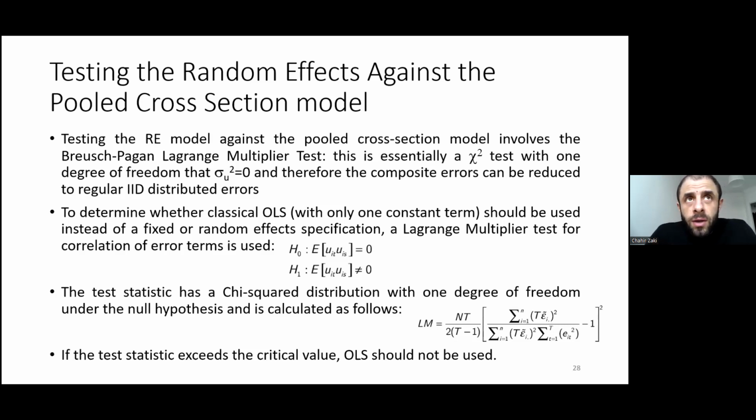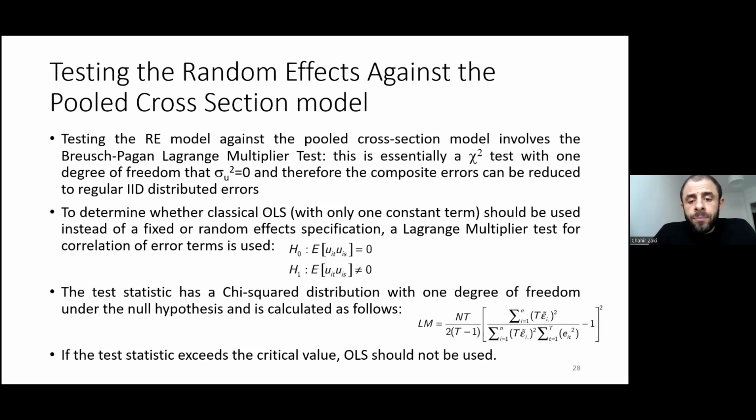where we have 1 degree of freedom that the variance of u is equal to 0, which means that the composite error term that we have seen, that was sigma square u plus sigma square v, will be reduced to the regular independently and identically distributed error. Okay. So in this case, basically what we do for this Lagrange multiplier test of the correlation of error term, we have the two hypotheses.